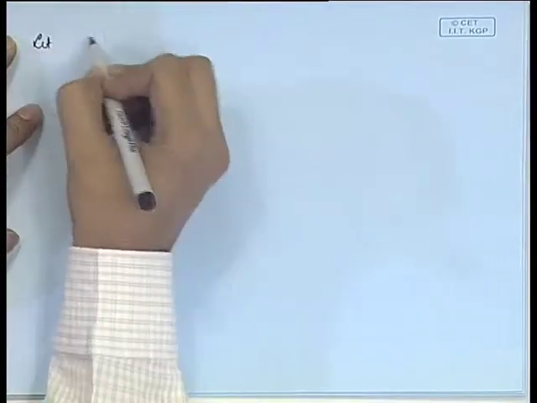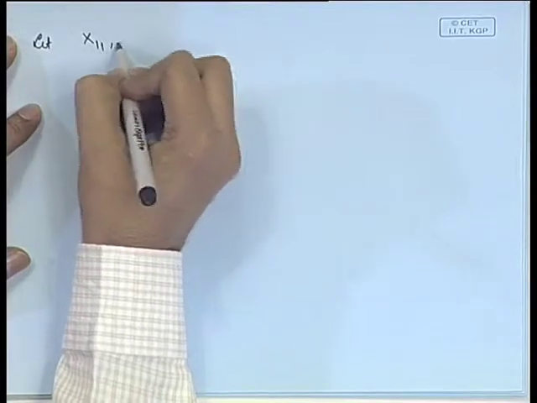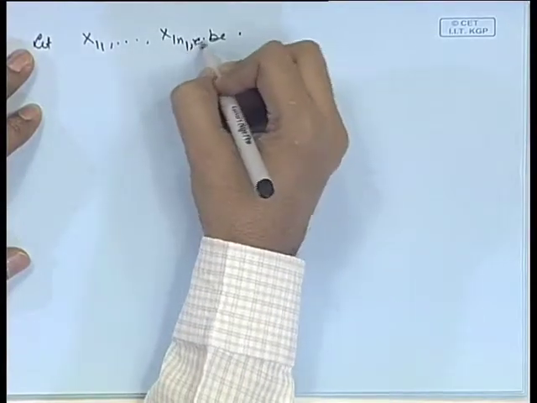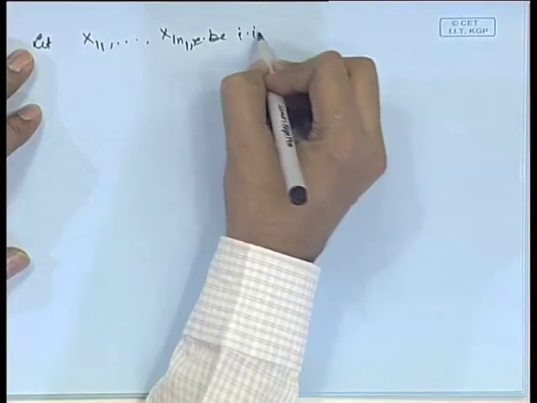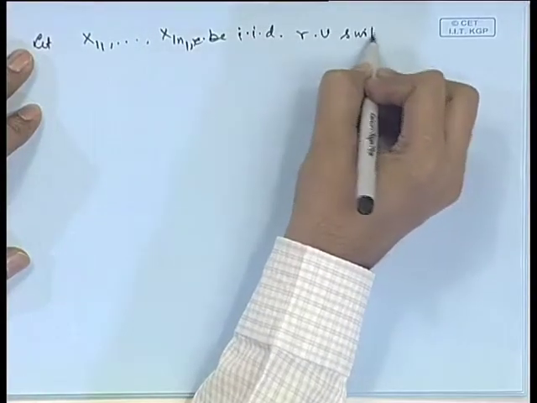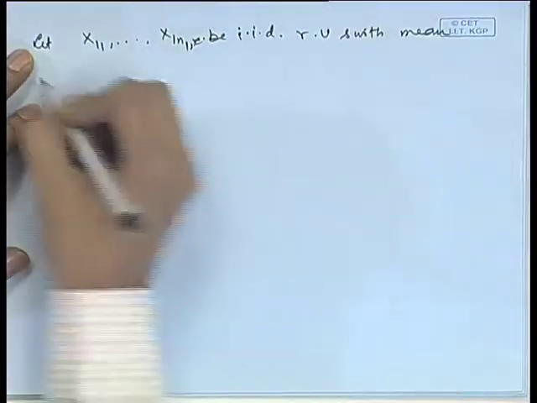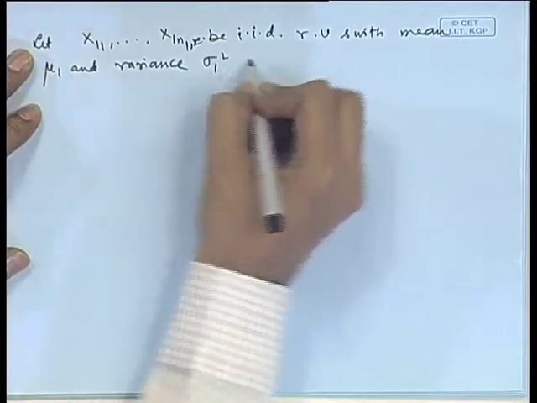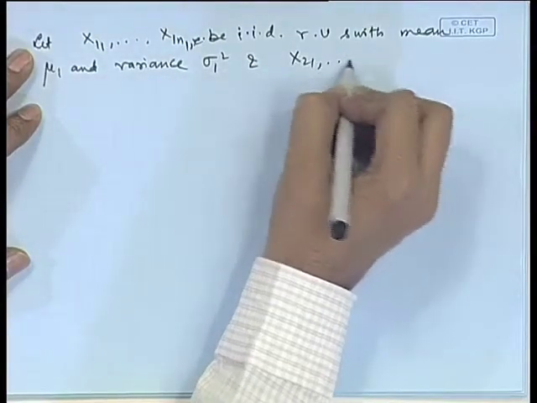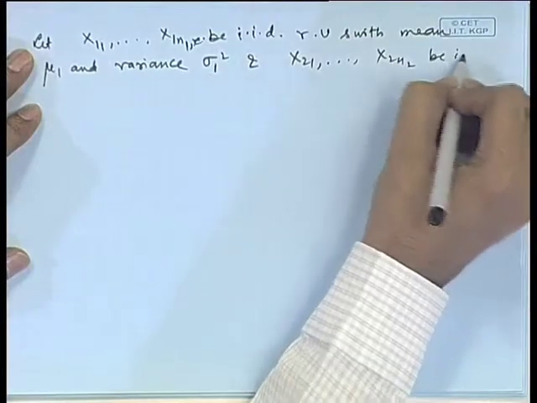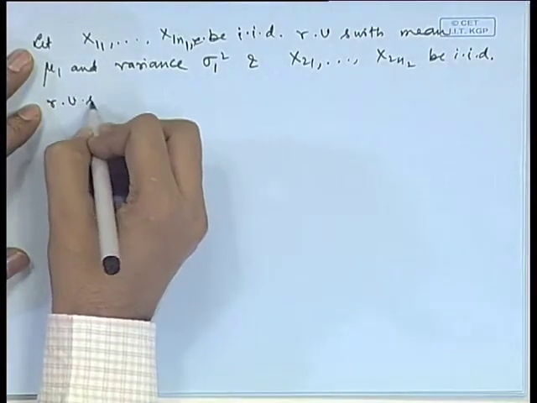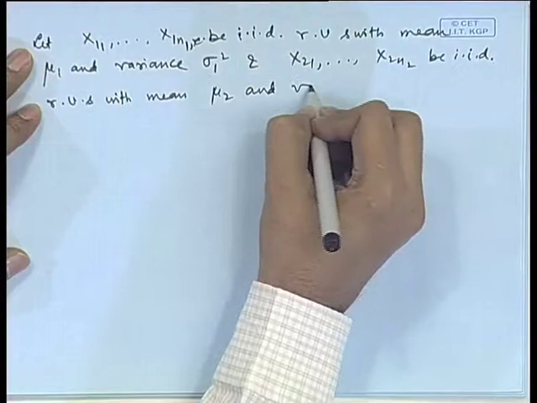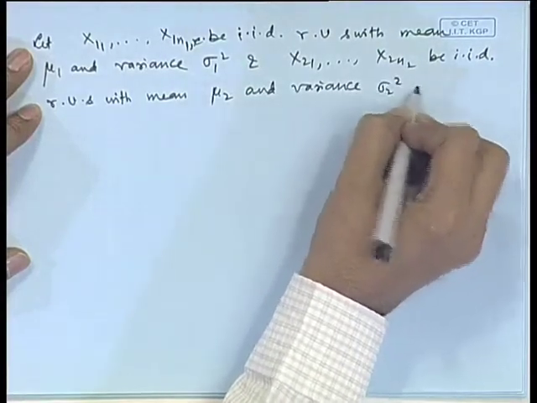Let x 1 1, x 1 2, ..., x 1 n 1 be, let me take n only, IID random variables with mean mu 1 and variance sigma 1 square, and let x 2 1, x 2 2, ..., x 2 n 2 be IID random variables with mean mu 2 and variance sigma 2 square.